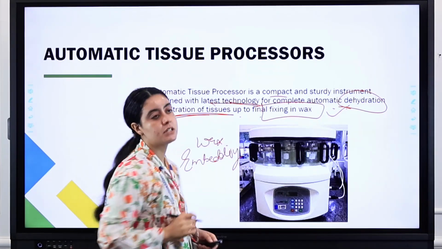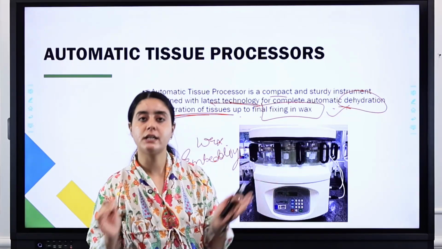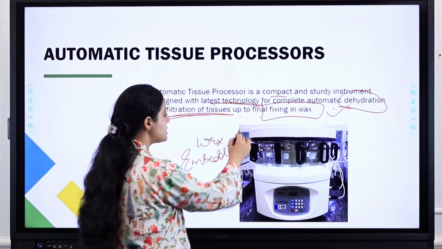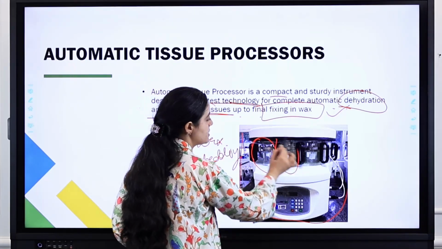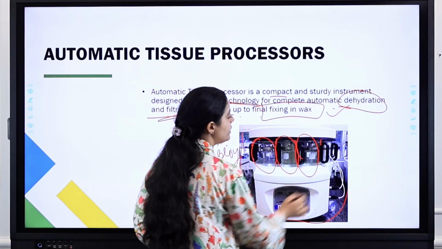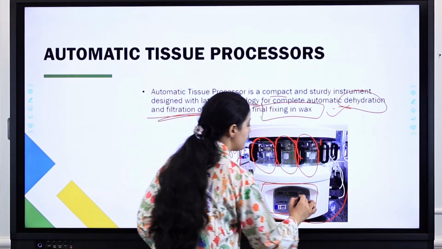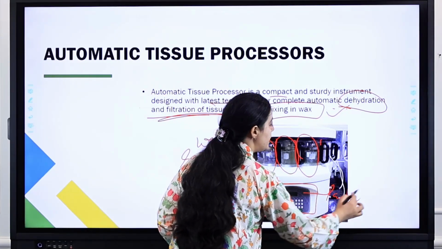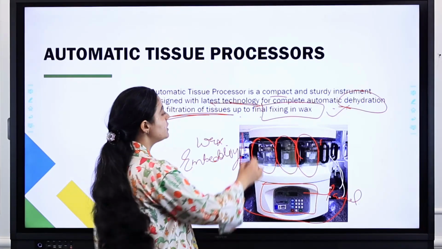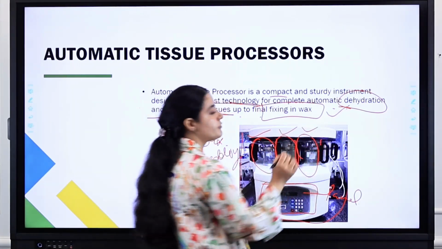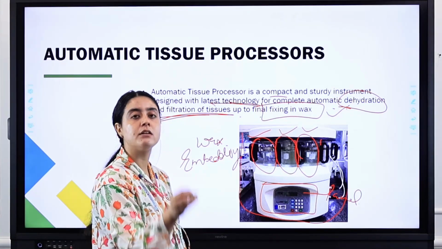With the help of this machine, you can complete your procedure from the dehydration till the embedding. So this is the whole machine and these are different jars which are fitted over here. This is the main panel where you can set all the timings and all the things. In the different jars you have different solutions also, like alcohol, like xylene, like wax.